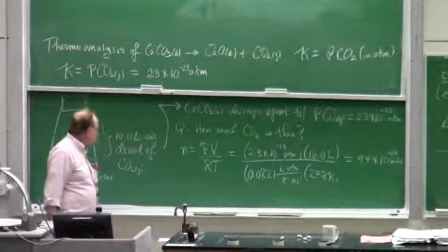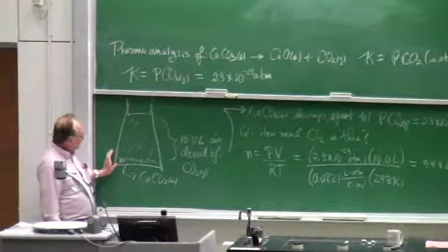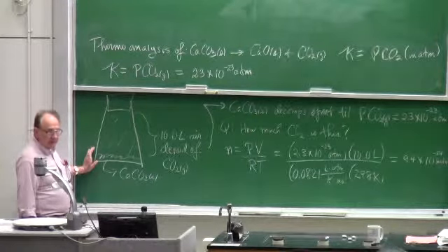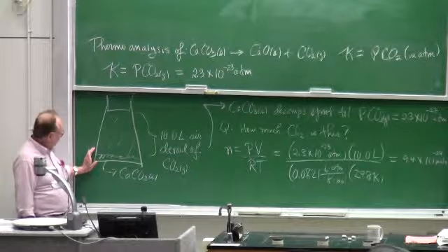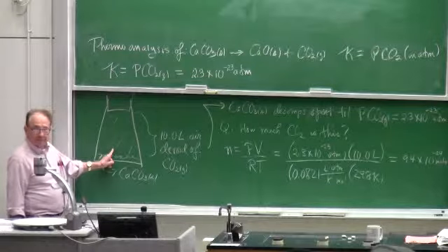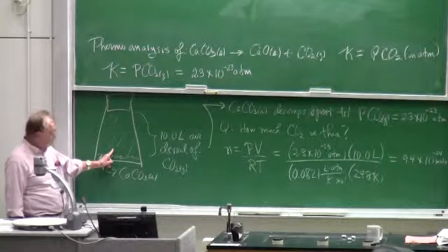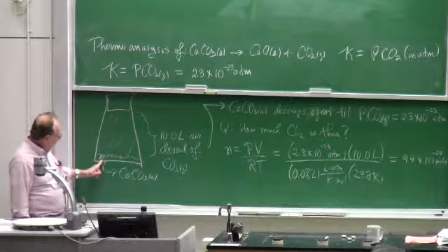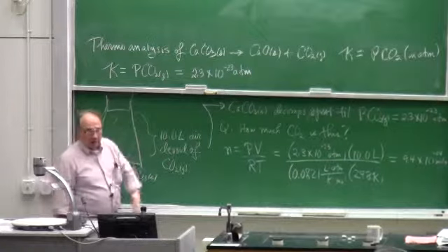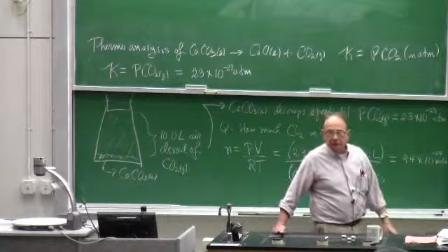To get at the significance of this K value, we imagine a sample of calcium carbonate at 25 degrees centigrade. External pressure of 1 atmosphere. In a 10.0 liter volume sealed flask containing calcium carbonate and an atmosphere of air which we have taken steps to make free of any CO2 molecules.